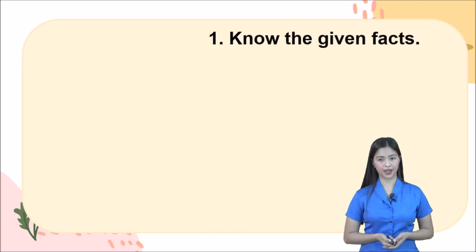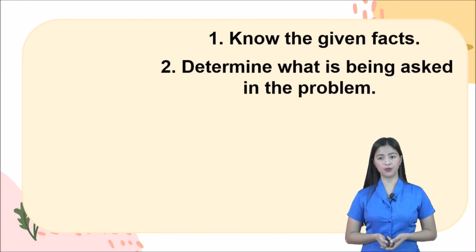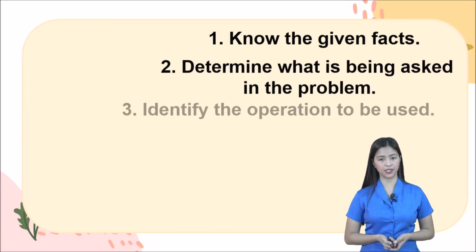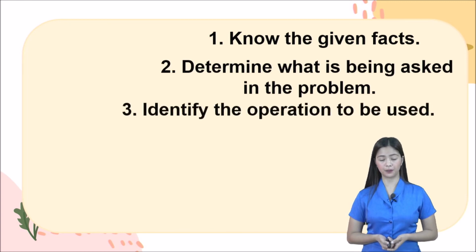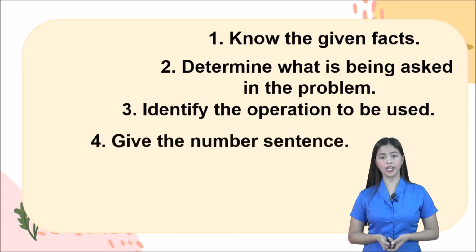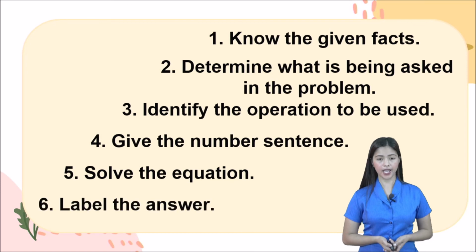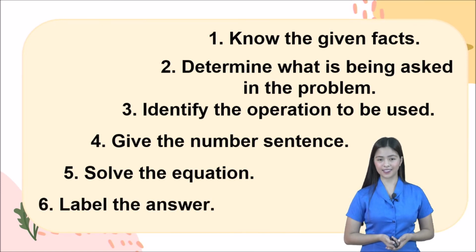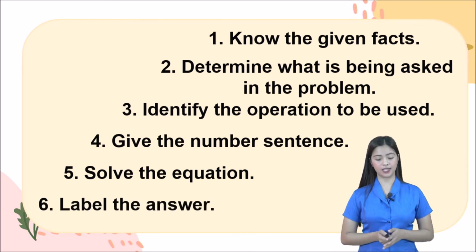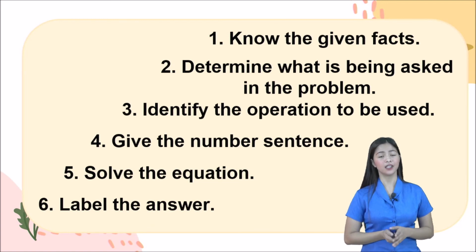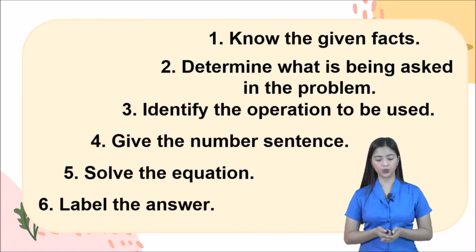Know the given facts. Determine what is being asked in the problem. Identify the operation to be used. Give the number sentence. Solve the equation. And label the answer. So, with these steps, you can answer numbers 2 to 5.